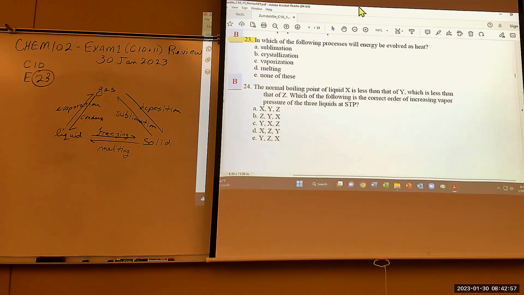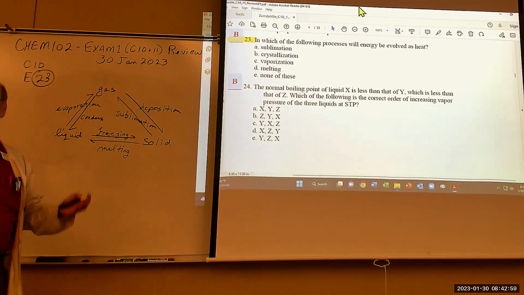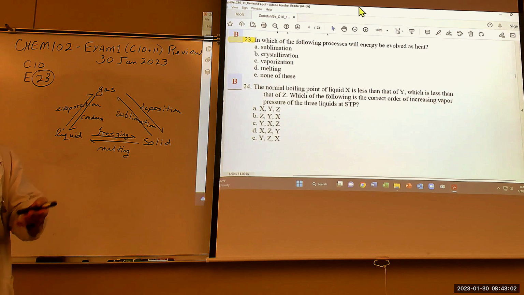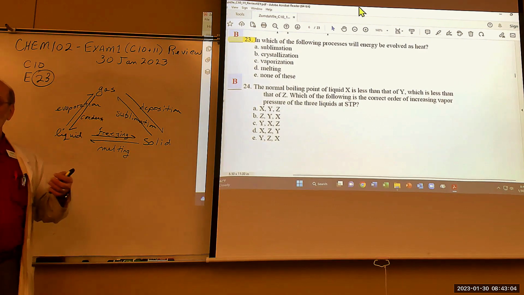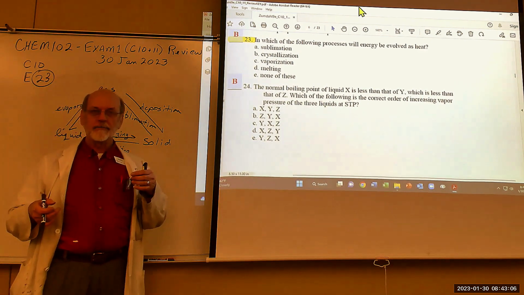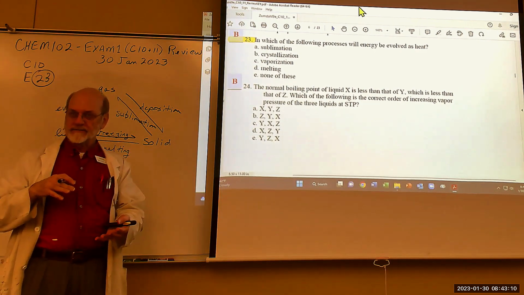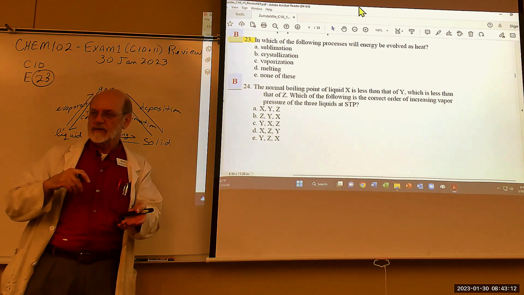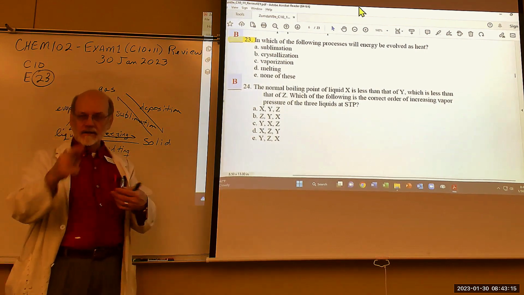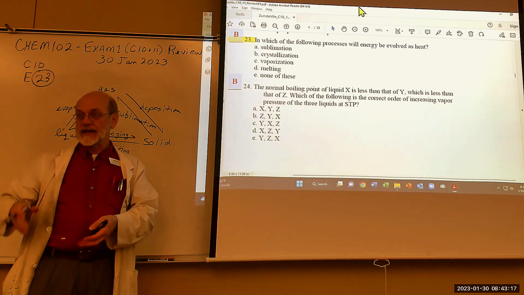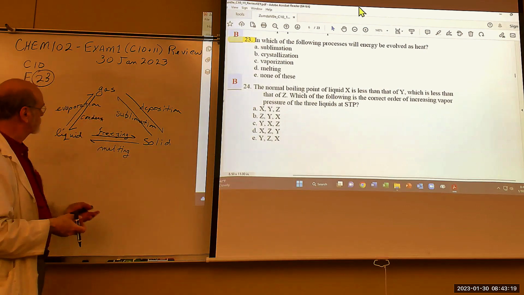Okay, now to answer the question, energy is evolved, that is exothermic, gives up energy. So in that case, you're going from a disordered state to a more ordered state. So gas to liquid, gas to solid, liquid to solid would be an exothermic process.